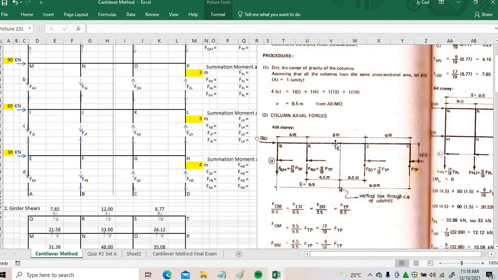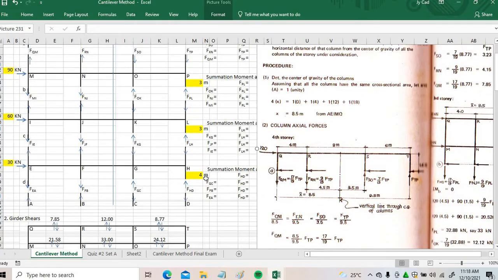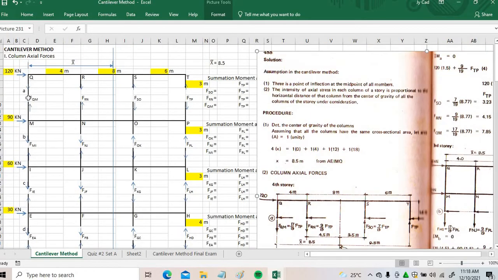First thing, dapat kunin natin yung relationship ng mga forces. Let's say, this column is QM. No? This is column R and column SO, column TP.